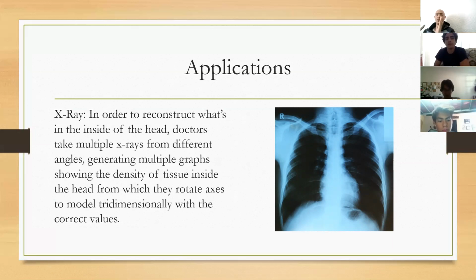So when they rotate all these graphs, all the values of these graphs end up allowing them, through computer technology, to reconstruct the organs, especially the brain, since it's one of the most difficult ones.